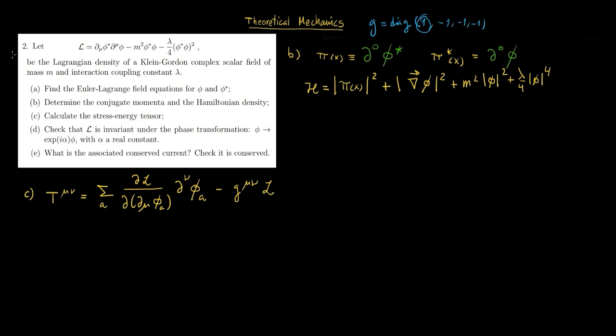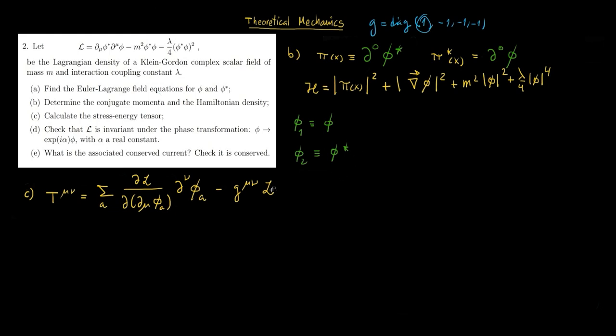In this case, we can call phi 1 to phi and phi 2 to phi star. Putting this index here allows us to differentiate independent components. This is the reason I put this here, because if I don't, you can think that there is only one term, and there are two terms because there are two things that are independent.